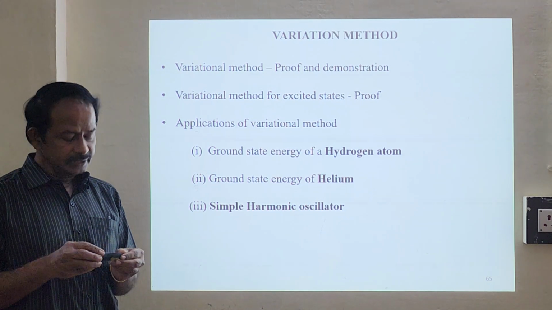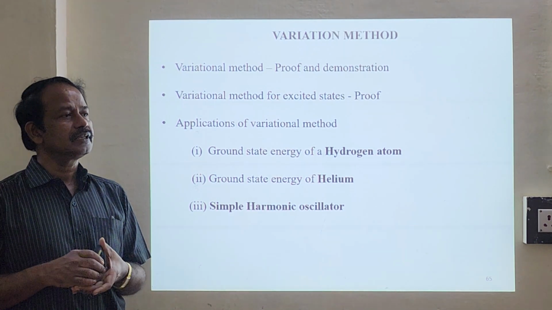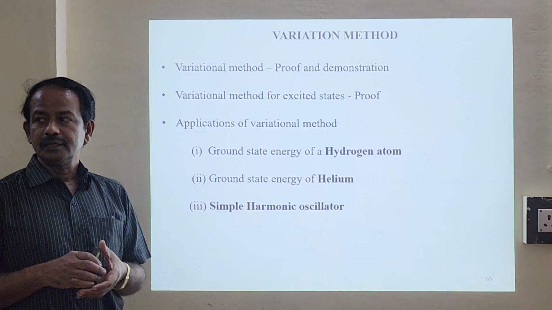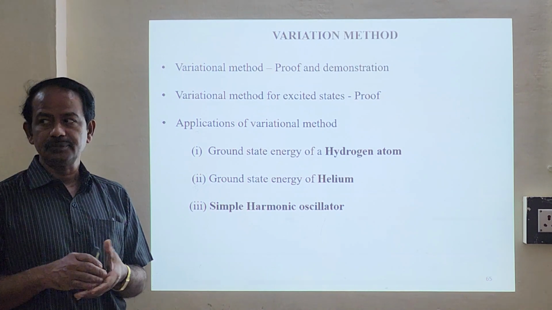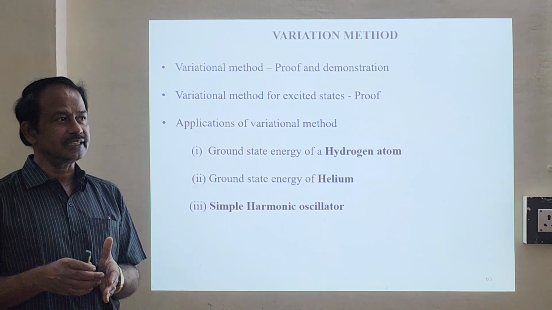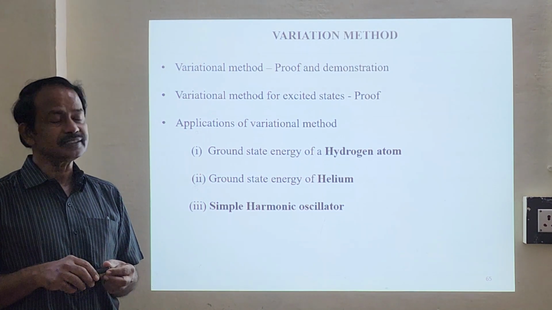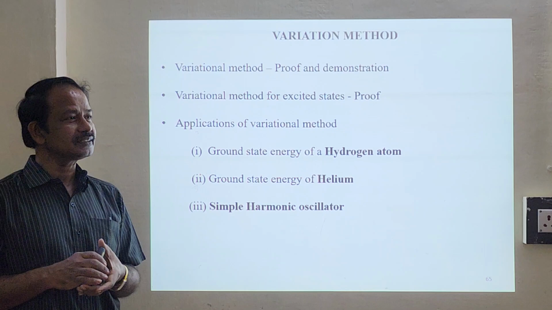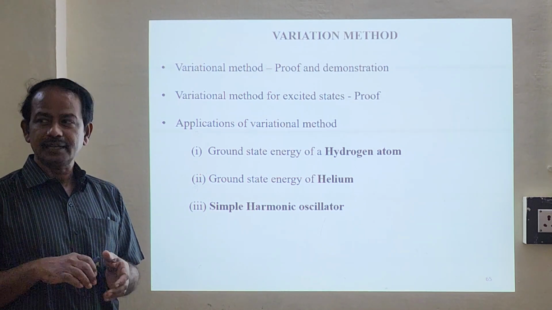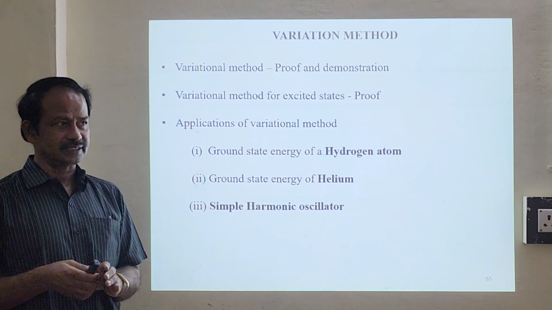In the non-degenerate method, we obtained the solution, which is nothing but the expectation value of the perturbing Hamiltonian. We were able to get the energy corrections, and we added them. And in the degenerate cases, we were able to diagonalize the matrix of the perturbing system and get some corrections.